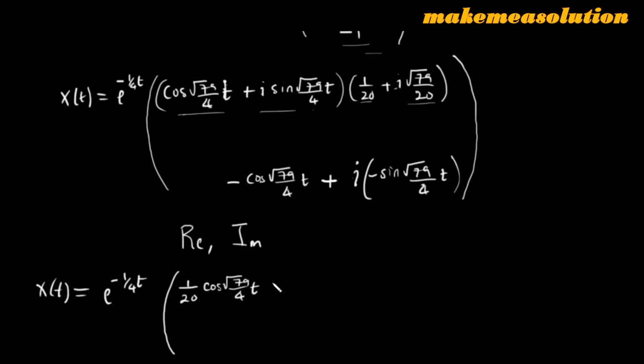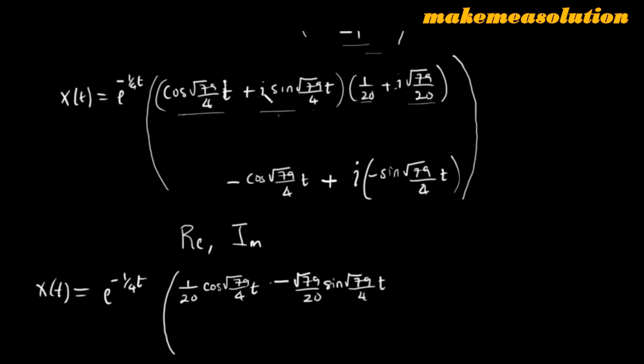Okay, so we now have this term, and this term will give me minus 1, or minus sine root 79 over 20, then sine root 79 all over 4t.